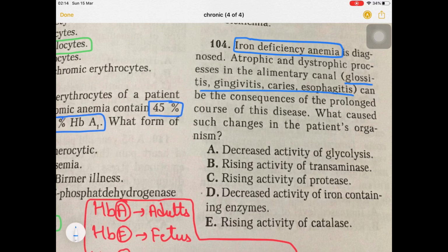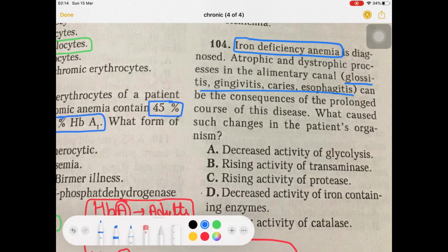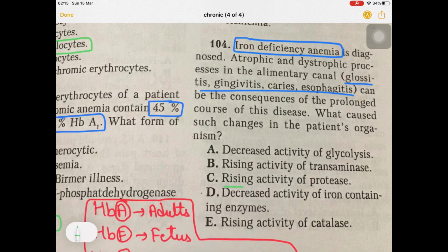And what causes a change in the patient's organism? If they are talking about iron deficiency anemia, they are talking about the enzyme level. So iron deficiency will be seen, and iron enzymes will be deficient over here.